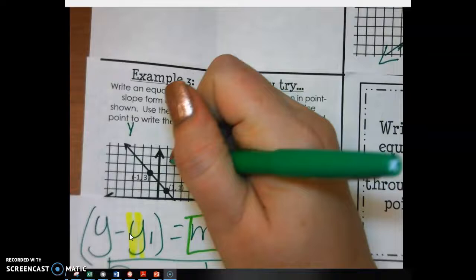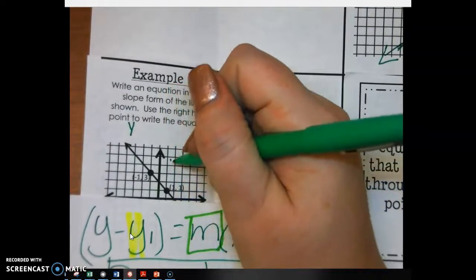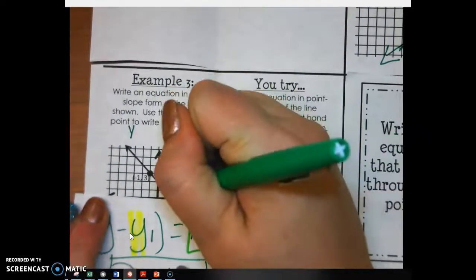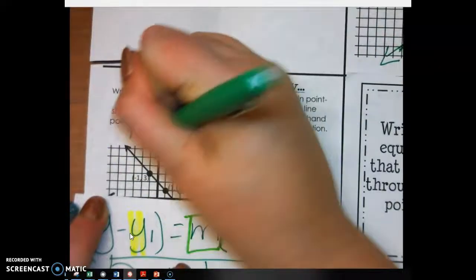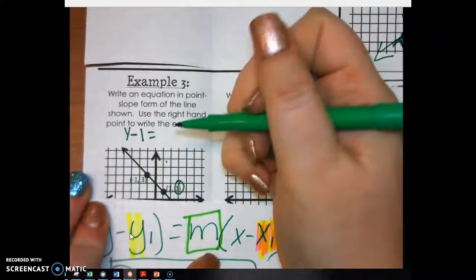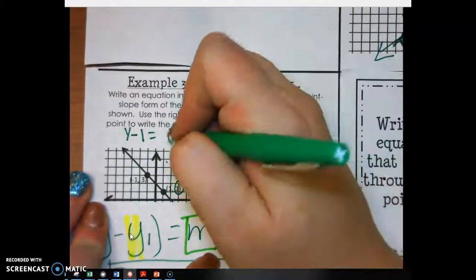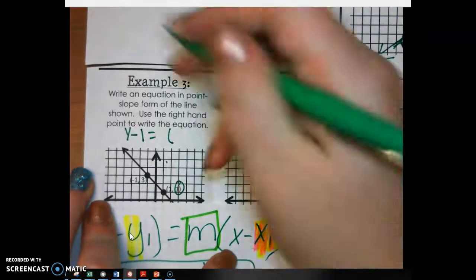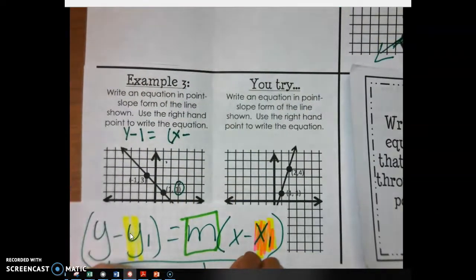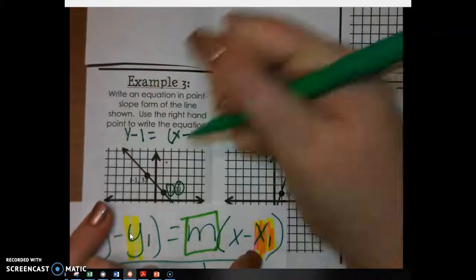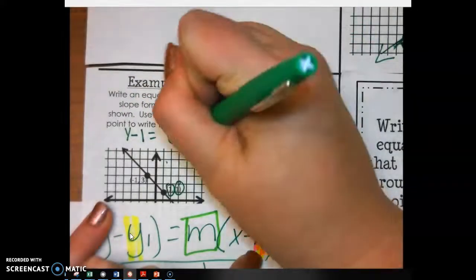So you're going to use this. The minus is part of the formula. You use this. My slope, oof, I don't know that yet, but I know my point. So I've got x minus my x value. That's also a 1. So I'm going to write 1.